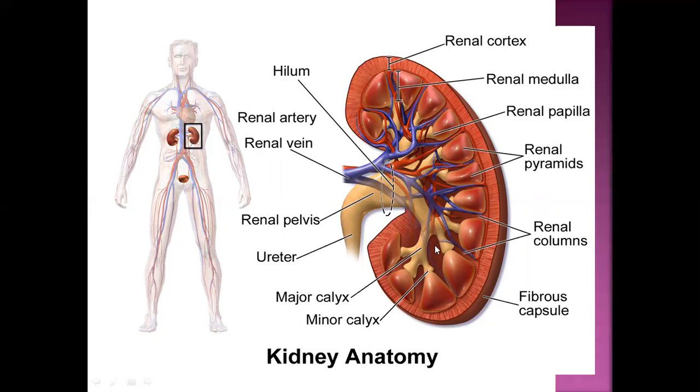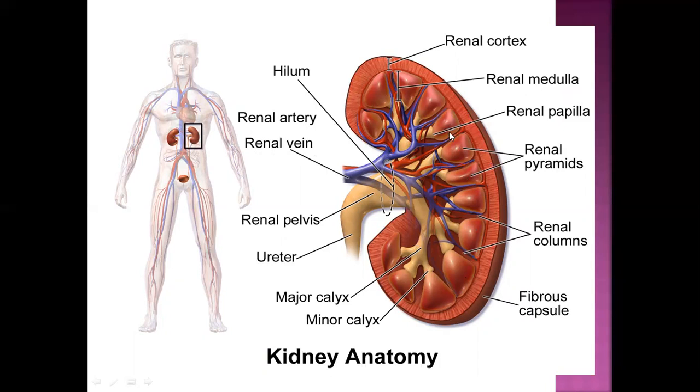When you cross section the kidney longitudinally, each kidney has two major portions, an outer portion and an inner portion. The outer portion is called the renal cortex, and the inner portion is called the renal medulla. The renal cortex is the smaller or thinner portion than the medulla.